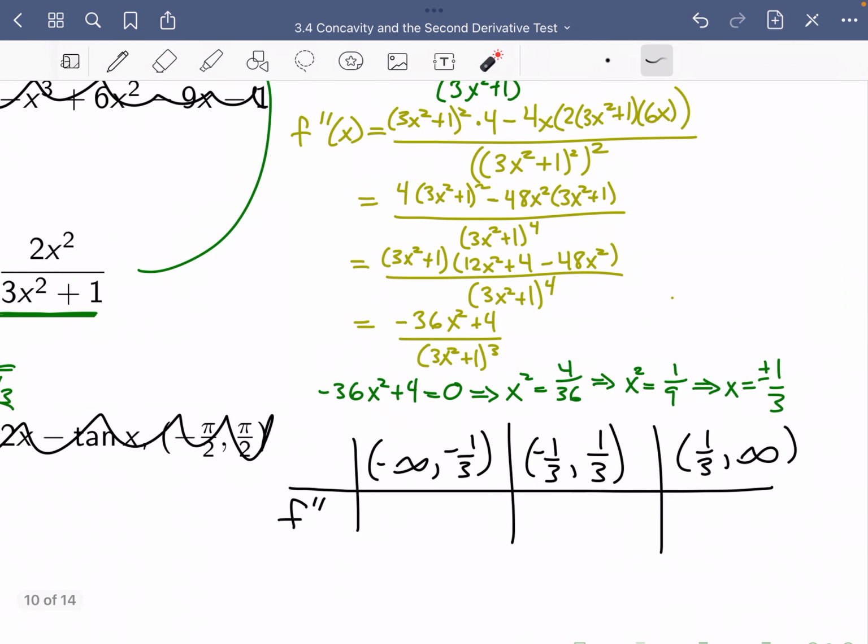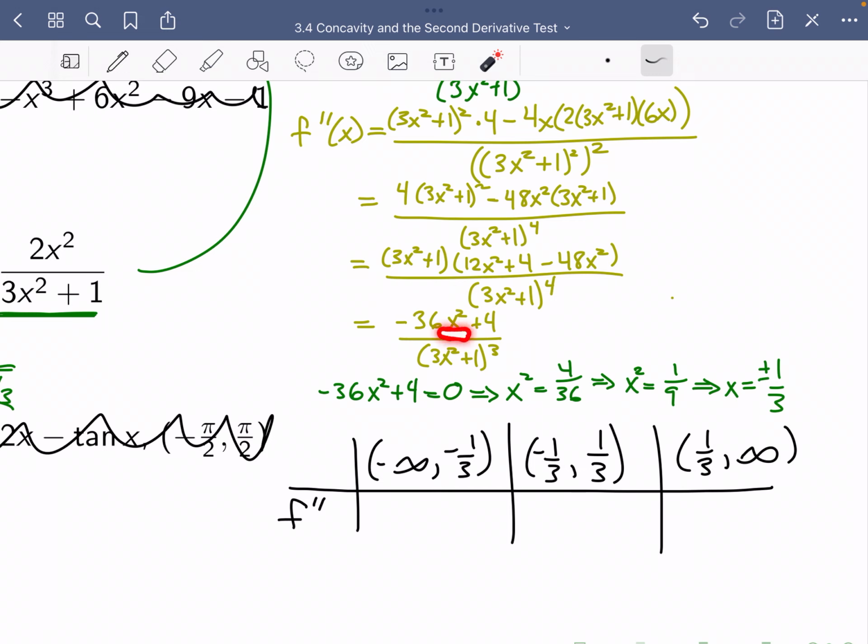And if we were to plug something smaller than negative 1/3, so like negative 10, plug that in here, that denominator is always going to be positive, because when we square this and multiply by 3, that denominator is always going to be positive. We only need to think about what's going to happen in the numerator on this particular problem.